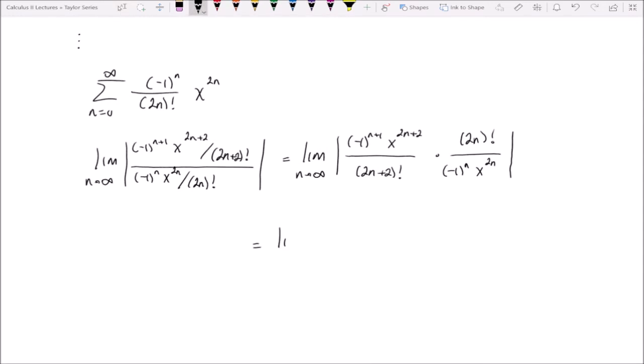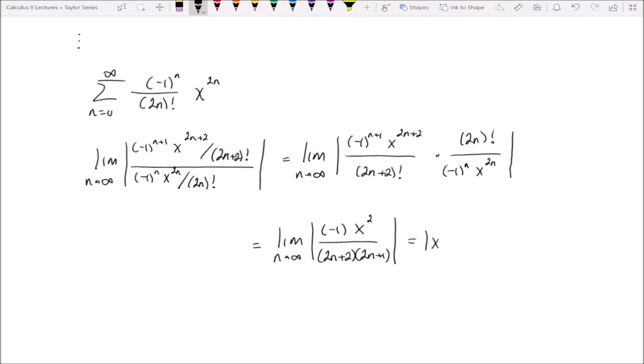Simplify this. Negative 1 times x squared, all over 2n plus 2 times 2n plus 1.